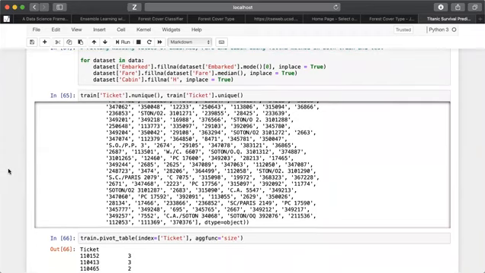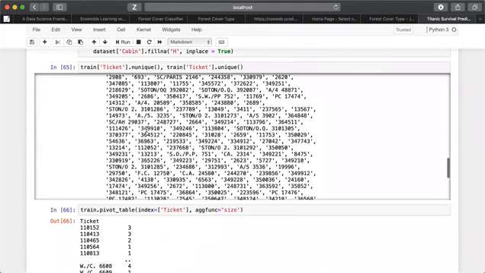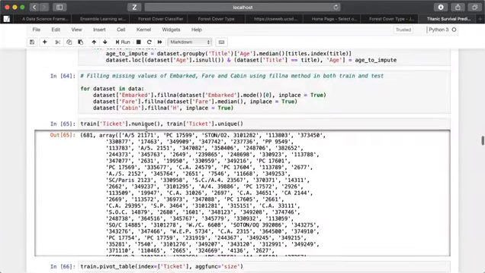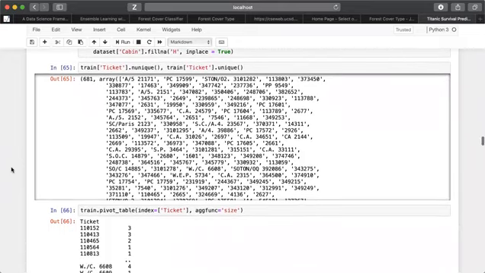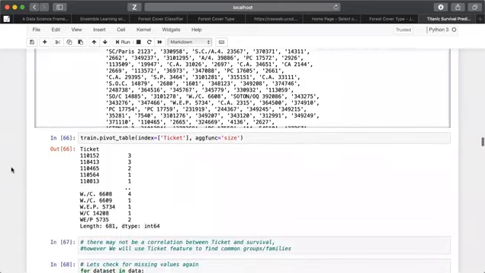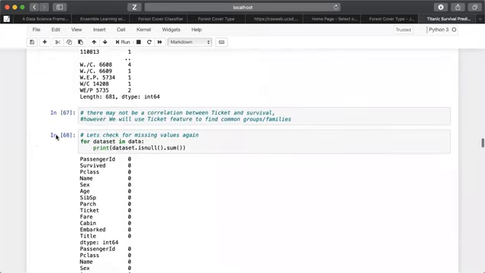Now next column, I come to the ticket. If we see, like we found out earlier, there were a total of 681 unique tickets. By making the pivot table for the ticket, we found out the number of tickets for the passengers. There may not be a correlation between the ticket and survival, but we know that only 681 tickets were there.